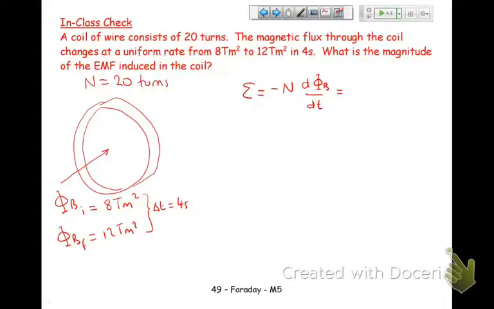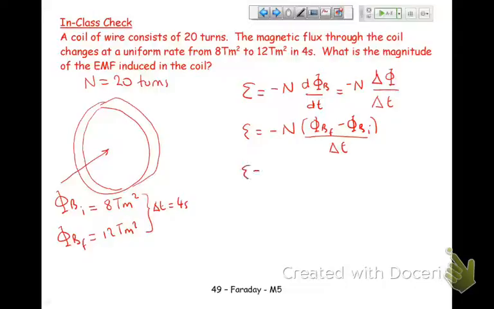When things are going nice and uniformly, then we can just use the delta, which equals minus N times phi B final minus phi B initial over delta T. So my EMF is equal to minus, and my N is 20, and my phi B final is 12, minus my phi B initial is 8, over 4.